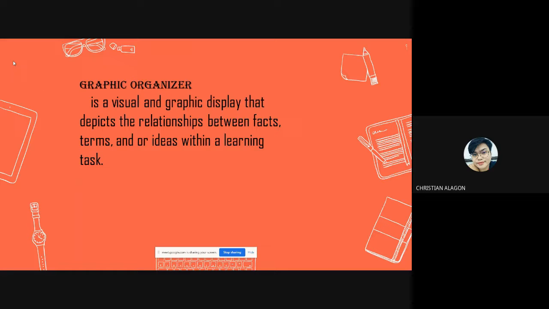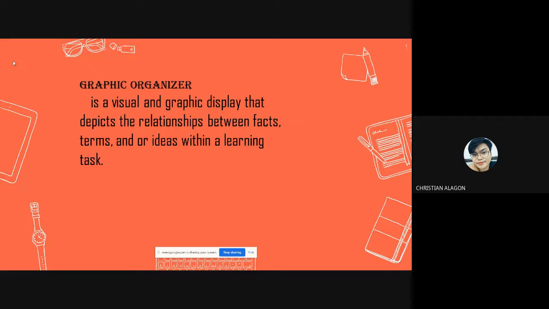It is very helpful for getting the main idea in a certain topic or lesson that we have right now.